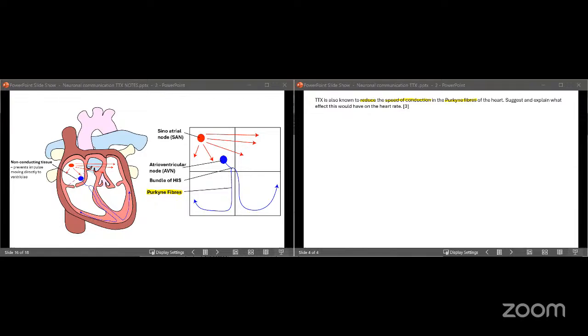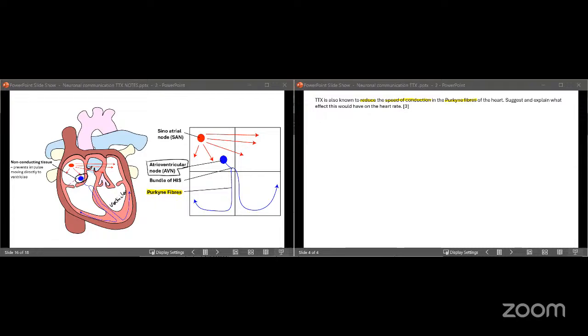So therefore, where are we actually slowing the impulses? We're slowing the impulses down to the ventricles. We're slowing the impulse from our atrioventricular node to the ventricles.